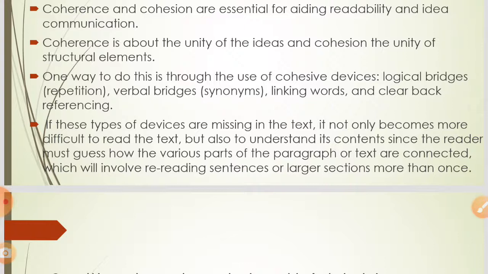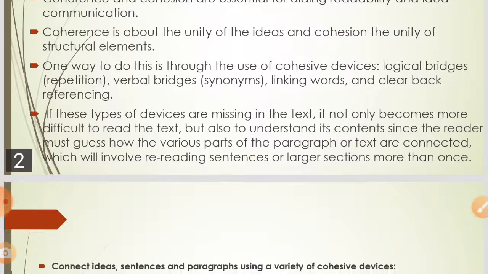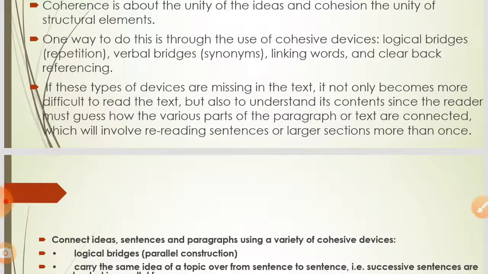The cohesive devices are logical bridges, repetition, verbal bridges, synonyms, linking words and clear back referencing. Logicality in the ideas is used as a bridge between the sentence structures. Logical bridges are known as repetition. Verbal bridges are known as synonyms, linking words and clear back reference.